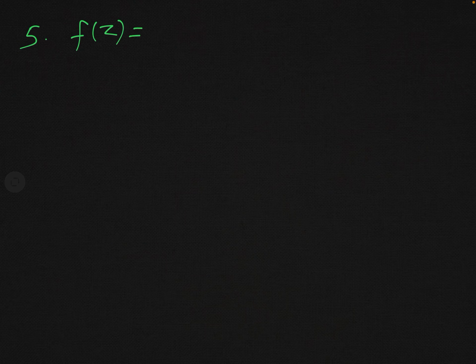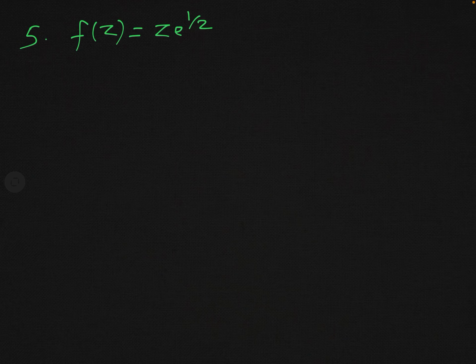So the residue of this function will be a minus 1 equal to minus 1 over factorial 3. So you have seen this is not a problem which can be solved by directly applying the formula to find the residue.